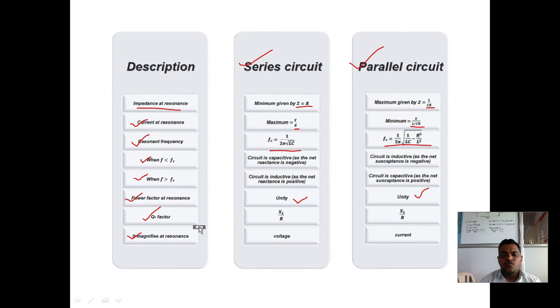Then the quality factor is equal to XL upon R for both, and it magnifies the voltage in the series circuit and the current in the parallel circuit. This is the comparison of the series circuit and the parallel circuit.